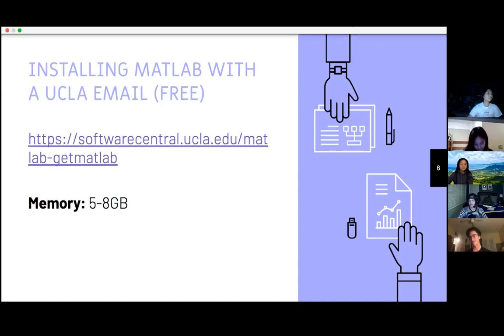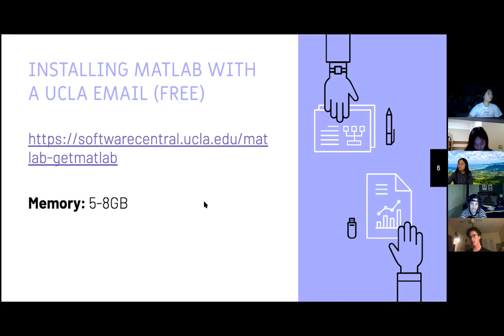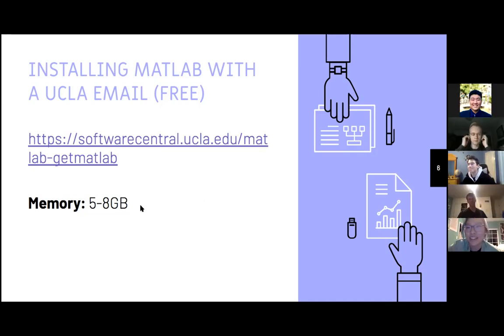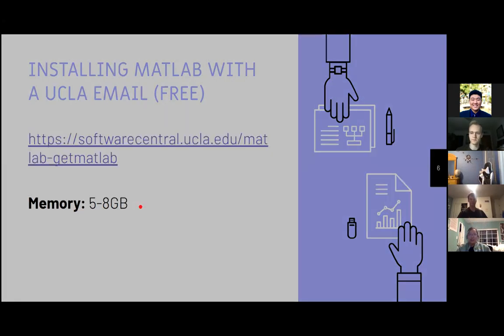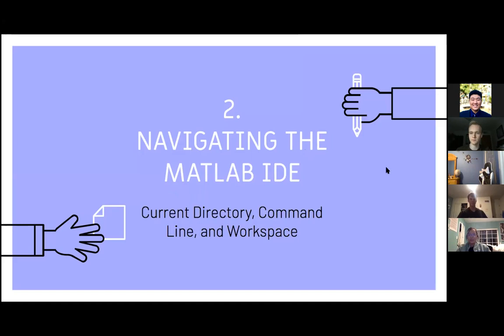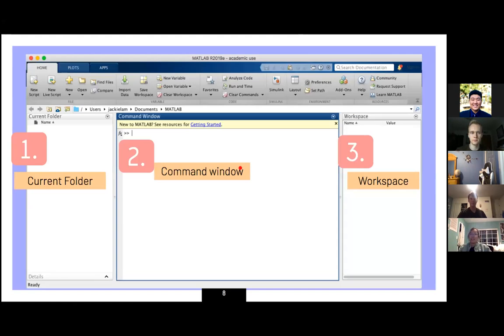All right, I think we're gonna move on to the next slide. It's just navigating the IDE, so there'll be some time left for it to still install. Now we're going to move on to navigating the MATLAB IDE. When you open it up, you're gonna see 3 different windows. The first is the current folder you're in, and this is useful if you want to import data using a CSV file or import an image and so on.